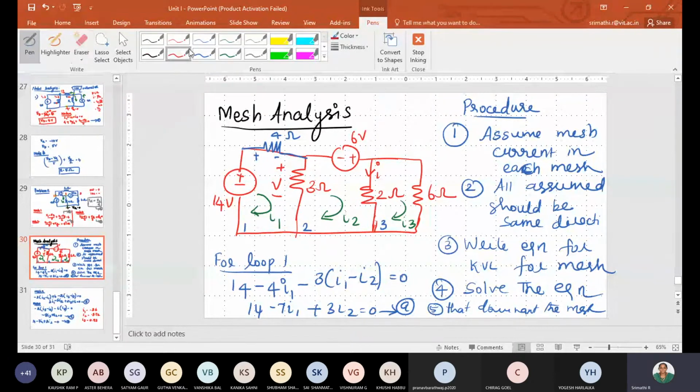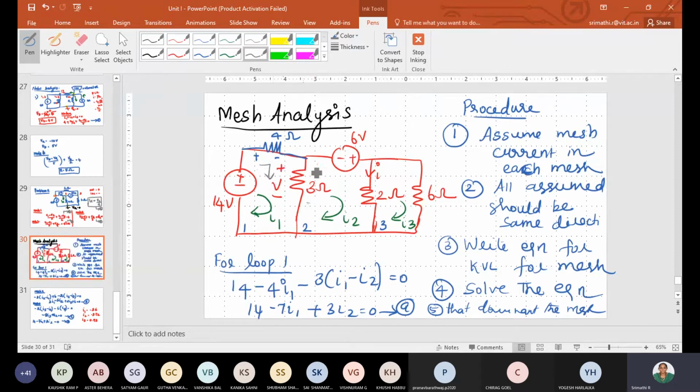When your current is entering in this way, only for your current I1, your V is upper positive, whereas for I2, this is negative. According to the polarity given in the problem, I1 is dominant for us. Are you getting what I am telling?